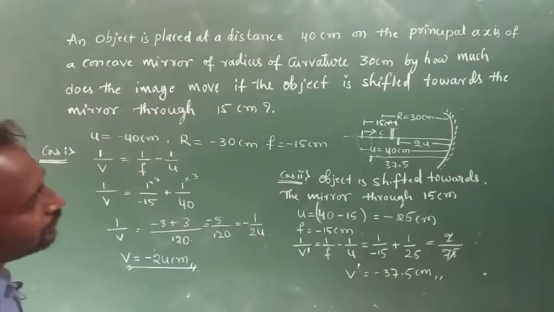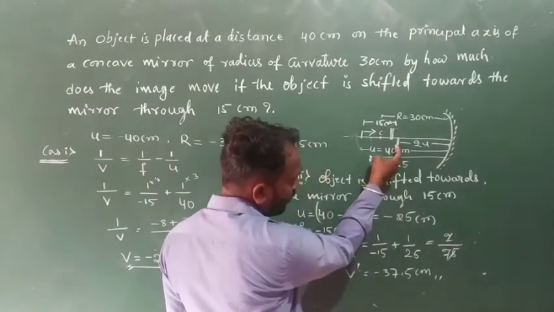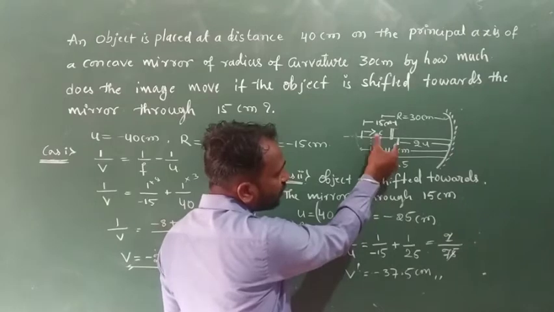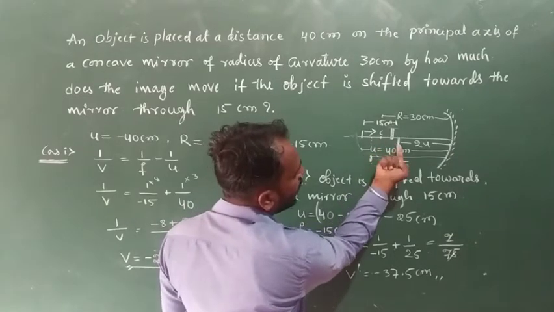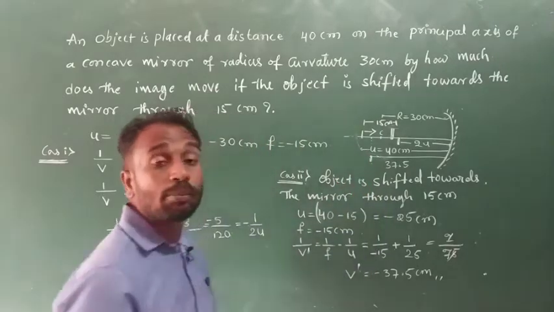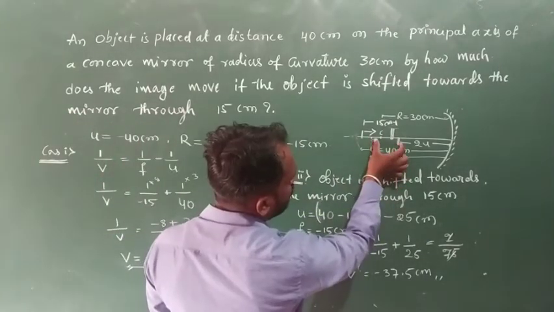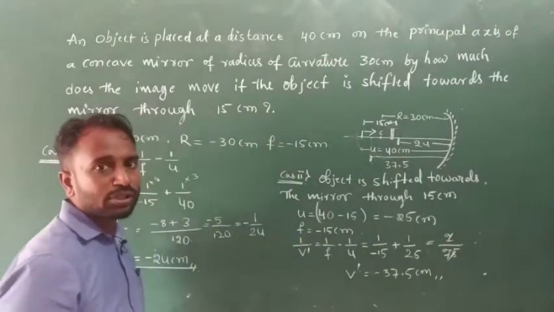So initially this one is the image. After shifting of the object, what happened? The image is also shifted away from the mirror. We want to find the shifted distance of the image.